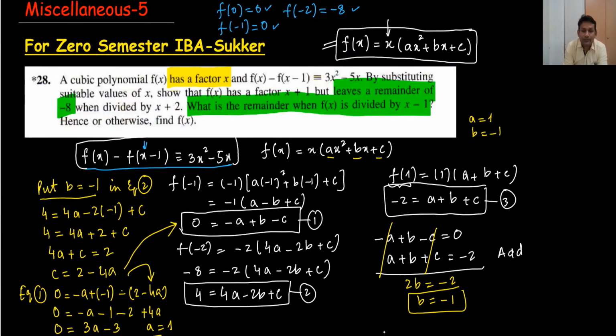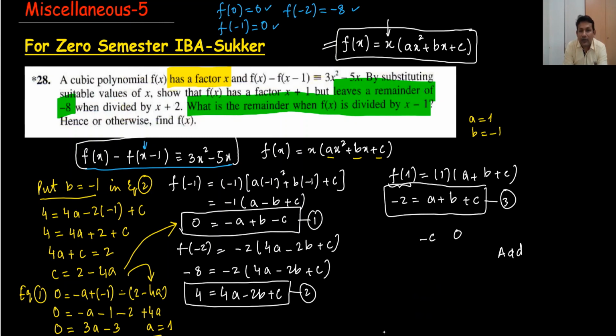Now we need c. To find c, we can substitute the values of a and b in this equation number 3. Yes, here. Minus 2 equals a which is 1, b which is minus 1, and c we need to find. So minus 2, this is cancelled out, c is minus 2.